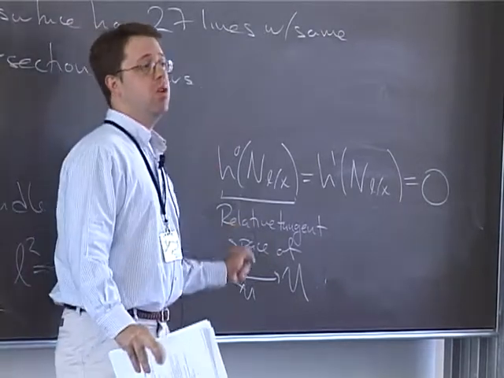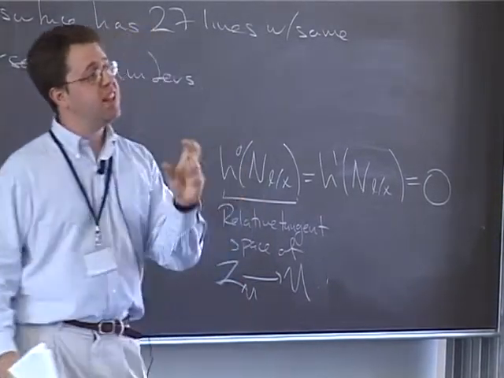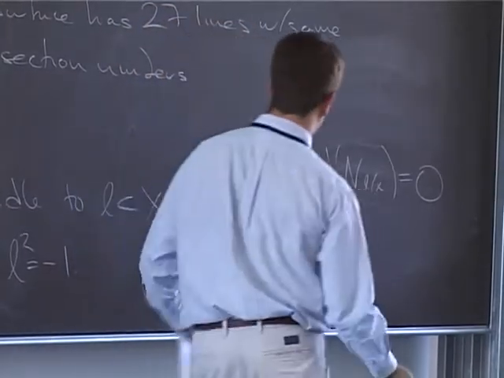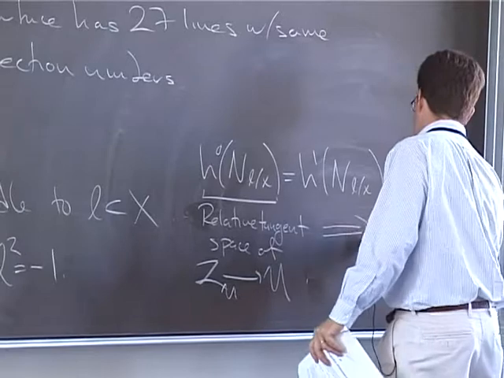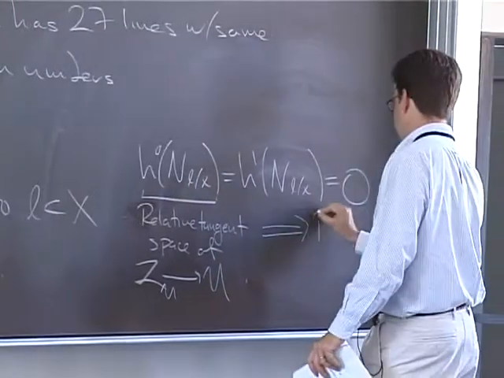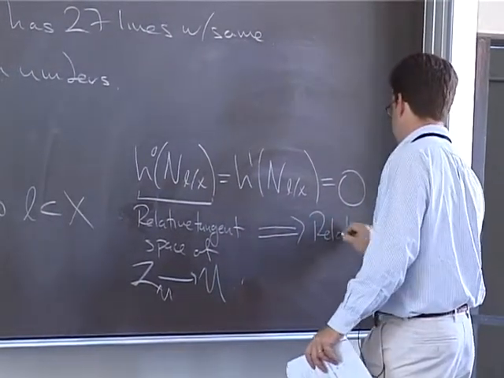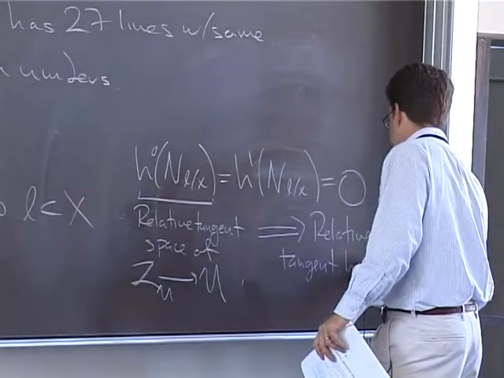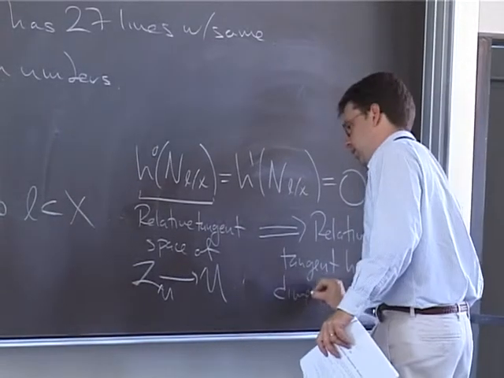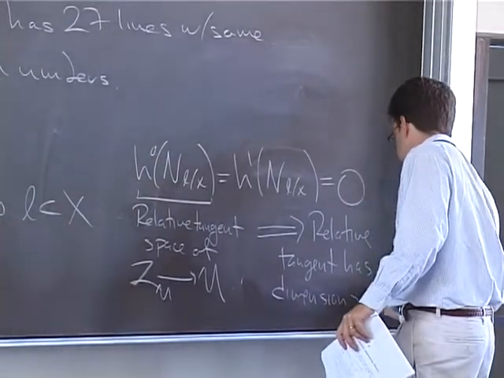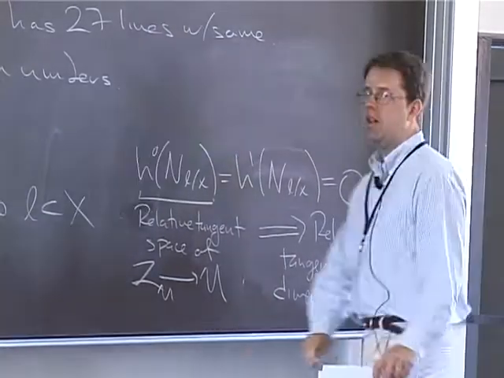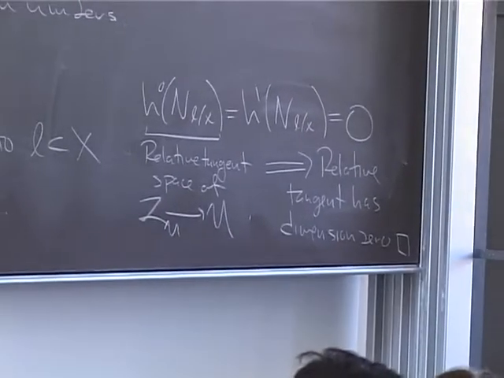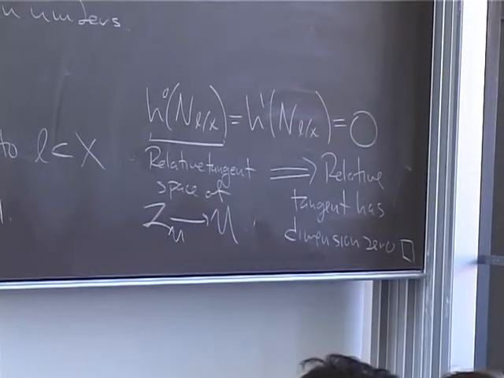So this deformation theoretic argument shows us that the lines can never have multiplicities. They can never have non-trivial scheme structure. So this implies that the relative tangent space has dimension 0. So deformation theoretic arguments will come up a lot in the summer school, so we might as well start the first day.